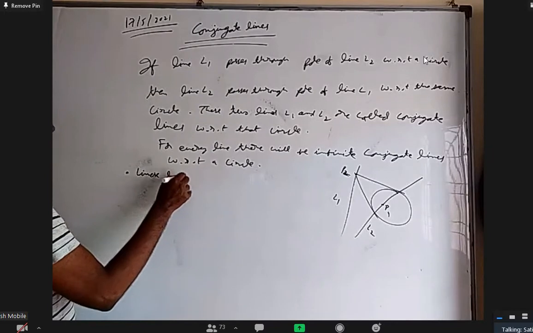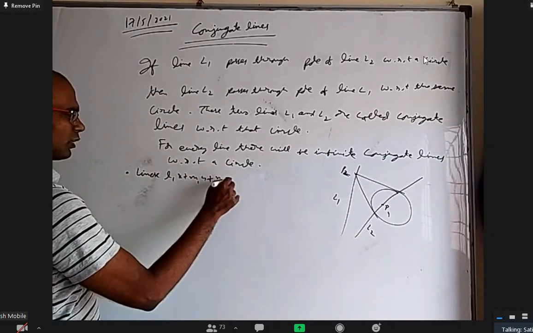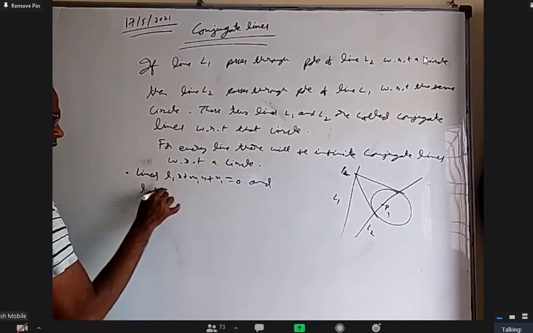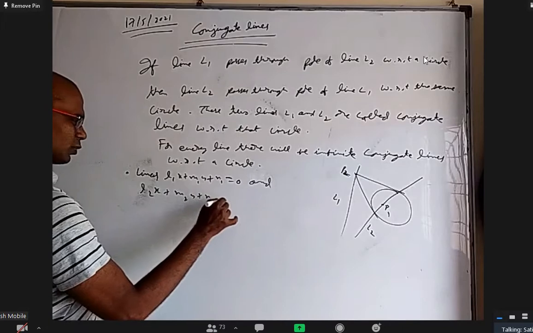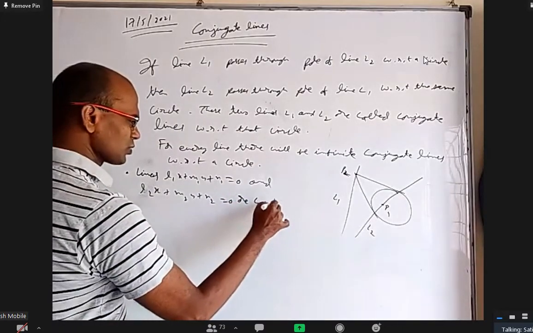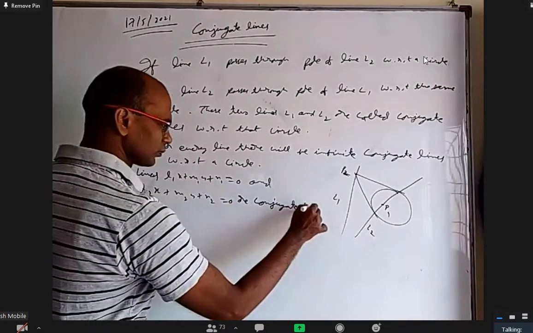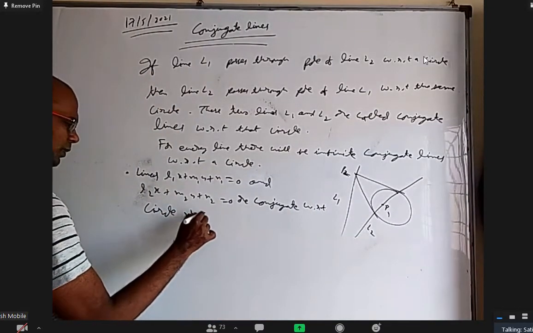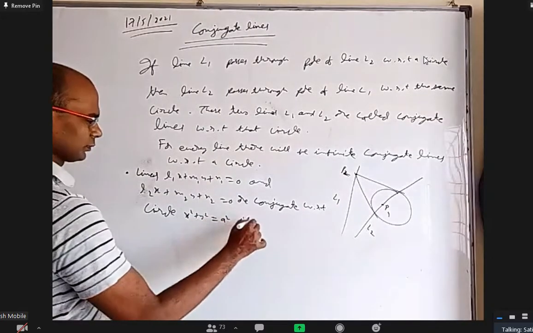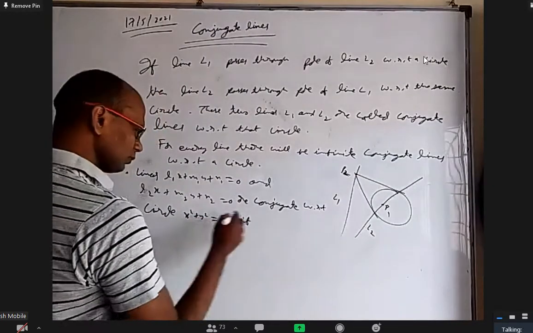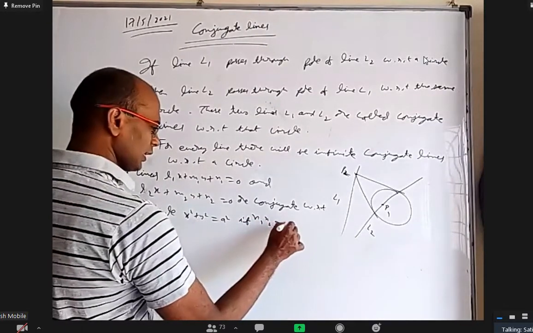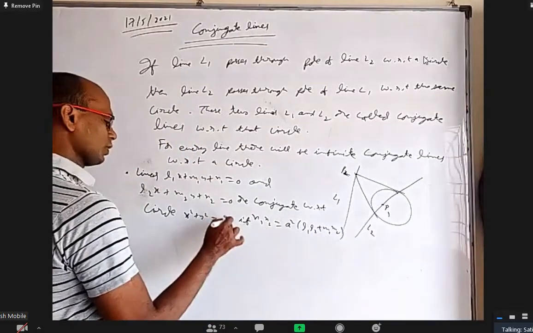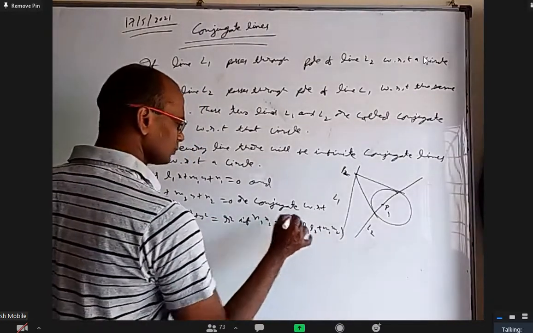Lines L1x plus M1y plus N1 equal to 0 and L2x plus M2y plus N2 equal to 0 are conjugate with respect to the circle x square plus y square equal to a square if N1 N2 is equal to a square times (L1 L2 plus M1 M2).